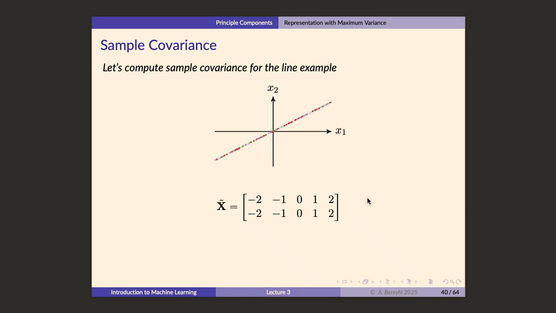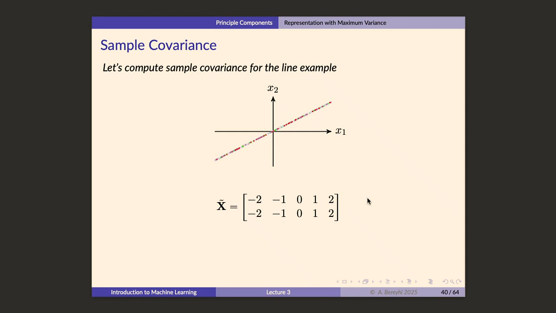So this is going to be my data set, and say this point is minus 3, minus 3, minus 2, minus 2, minus 1, minus 1, 0, 0, and so on.